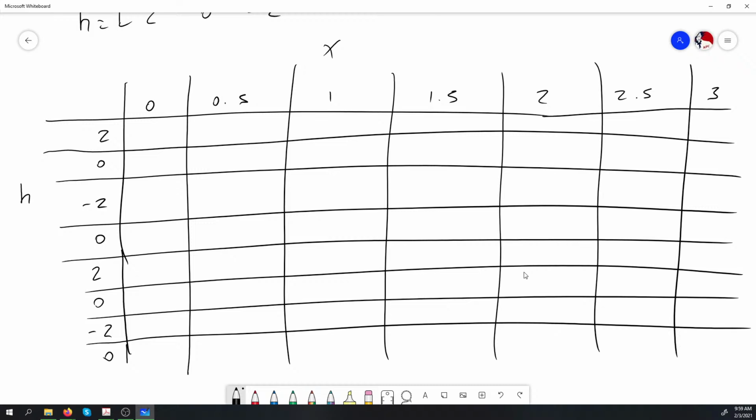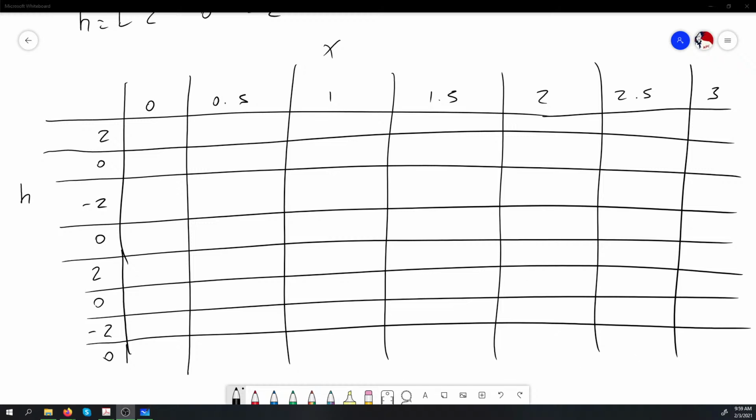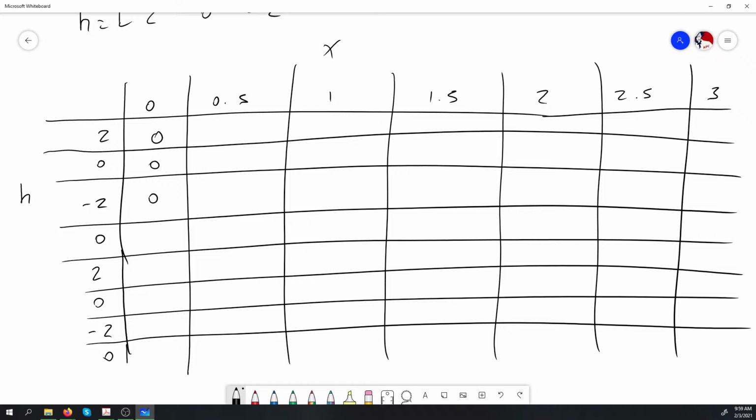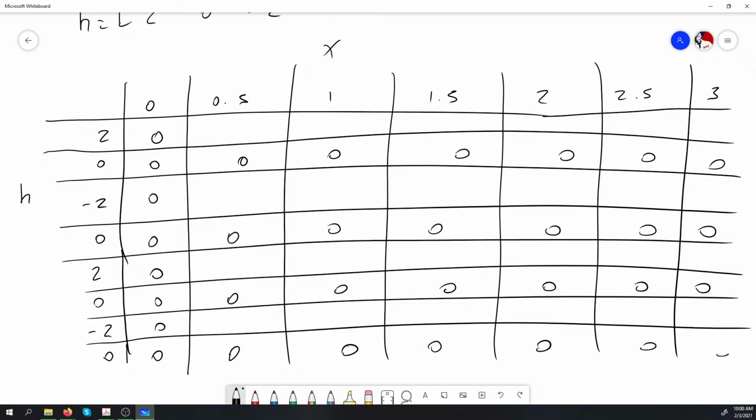Anything that's going to be 0 here, multiplying inside this convolution table, just means we're going to have zeros throughout. So this entire column here is just going to be 0, and these rows here are just going to be 0 as well. And then we can just multiply out each one of these.